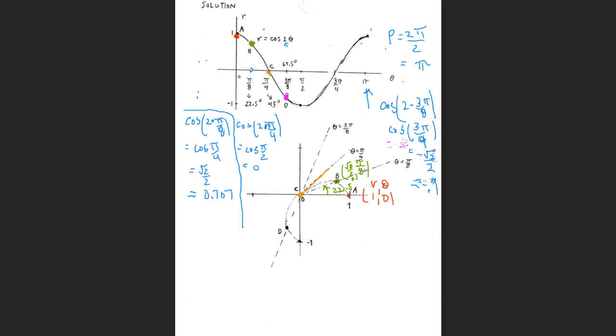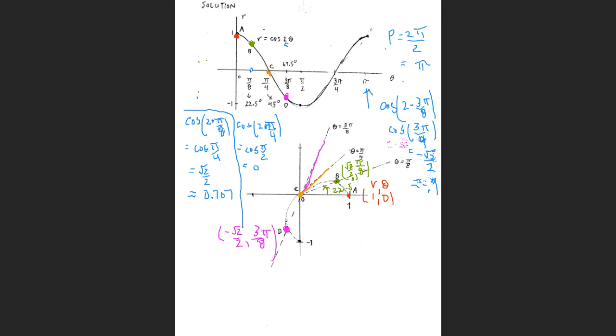So if we look in the direction of 3 pi over 8, or 67.5 degrees, and move backwards negative root 2 over 2, that gets us to D. So D is negative root 2 over 2, 3 pi over 8.